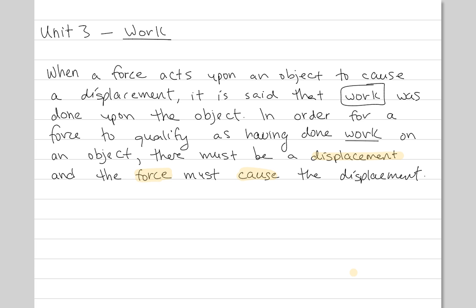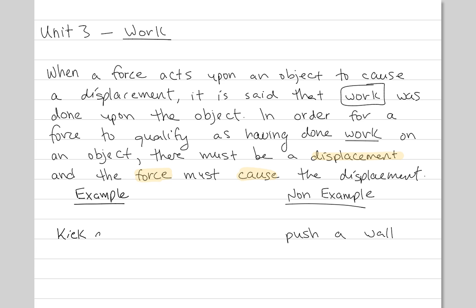Let's get back to the pen. Okay, so non-example: push a wall. I love that. And then how about some examples? Kicking a soccer ball. As an example, kick a ball.